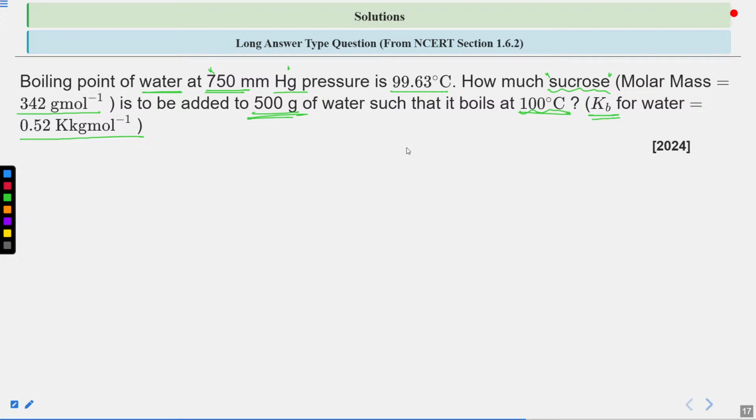This question was asked in CBSE in 2024. So you have some time, try to solve it and think about it, and then we will see the correct explanation and the solution of this question.